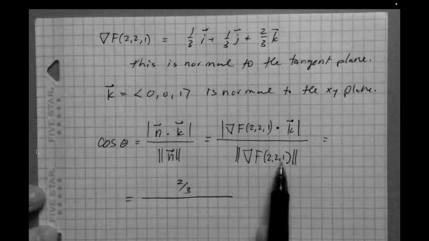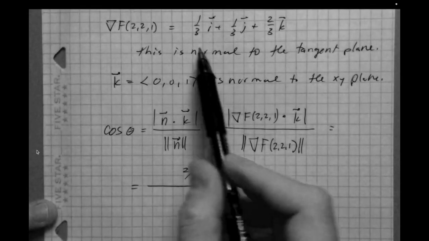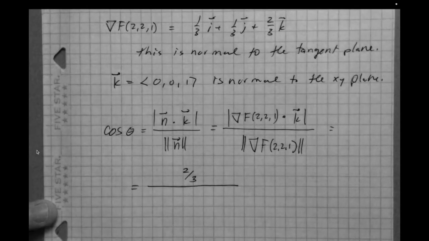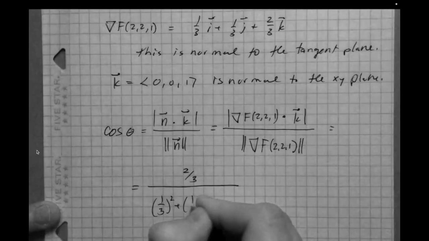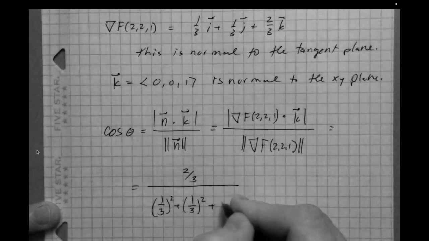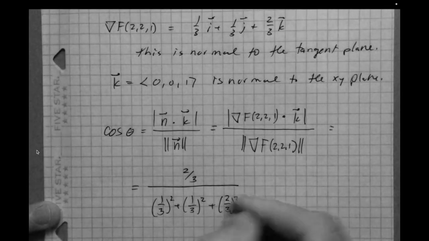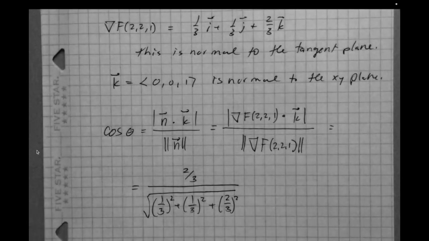And then how do we find the norm? Square the components, add them up, take the square root. So it's the square root of 1/3 squared plus 1/3 squared plus 2/3 squared. That gives us the norm of the gradient vector at (2, 2, 1).